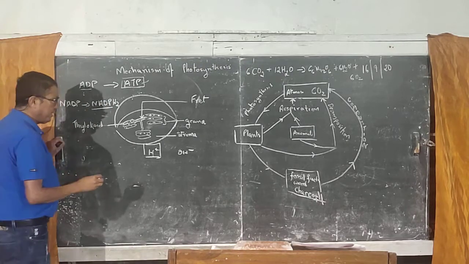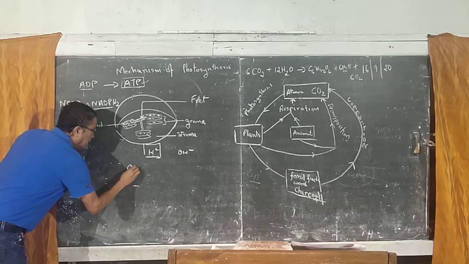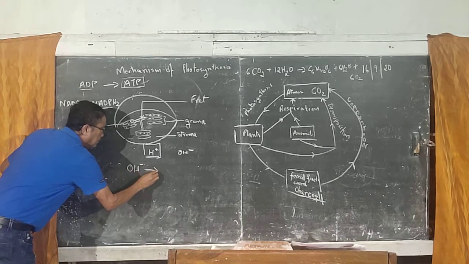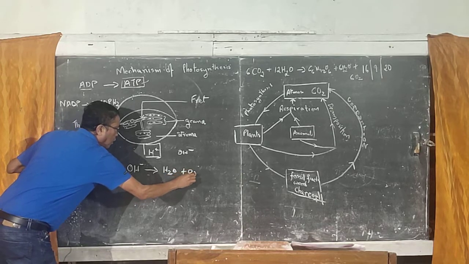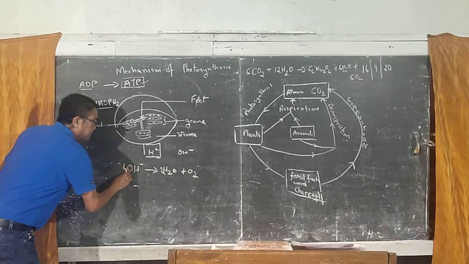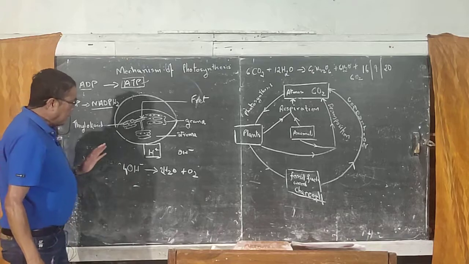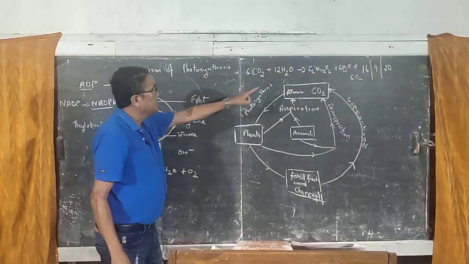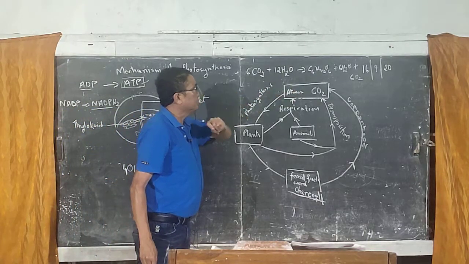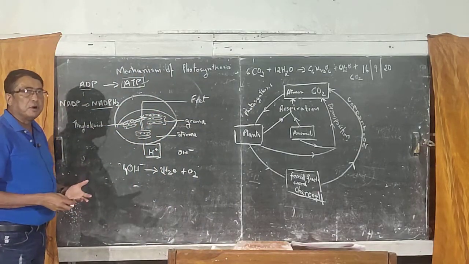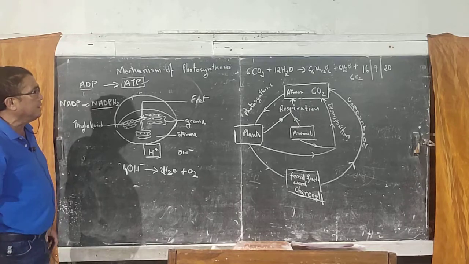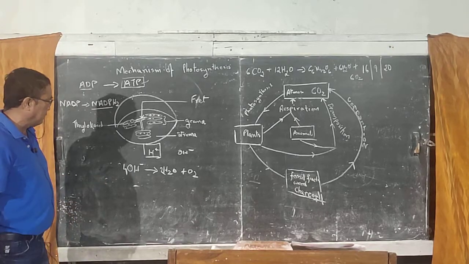Now this OH produced will split to form water and oxygen. See, during photosynthesis, oxygen is released as a byproduct. This oxygen comes from the water that has been absorbed by the plant from the soil.